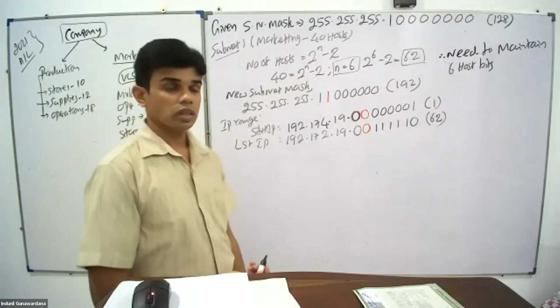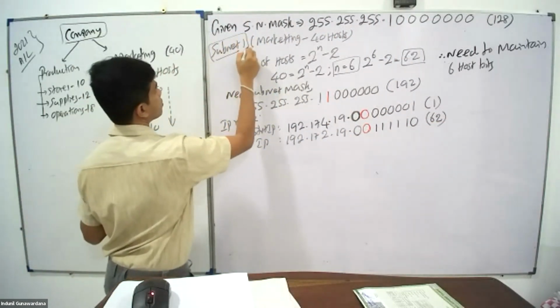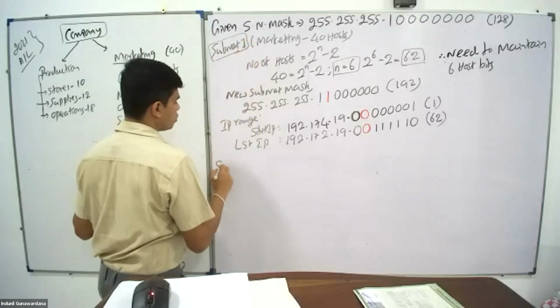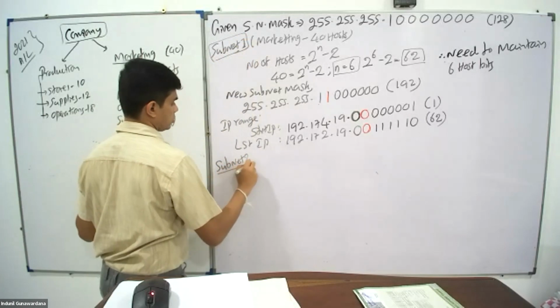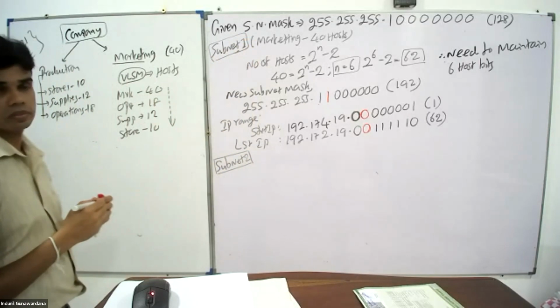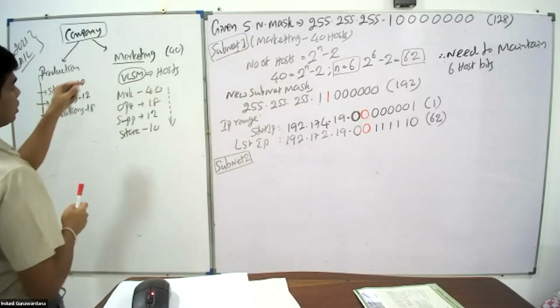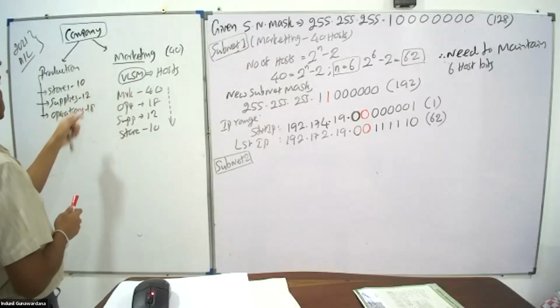Then fine. Now I'm going to go for subnet 1, okay. Then I'm going to go for subnet 2. According to my number of hosts, the next one goes to operations.